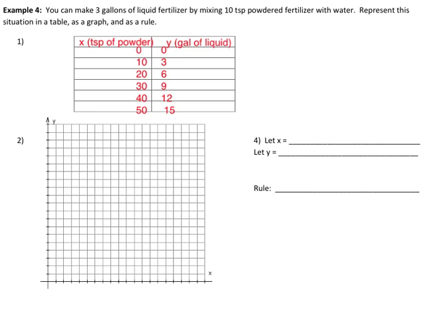Making that table helps me with my graph, so I know that along my x-axis I'm going to have teaspoons of powder here, and along my y-axis I'm going to have gallons of liquid, and then I can plot these points. So I'm going to choose a scale that makes it easy to plot those points.